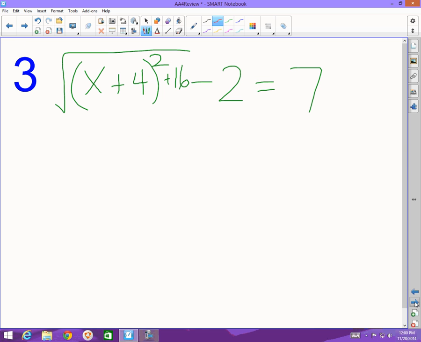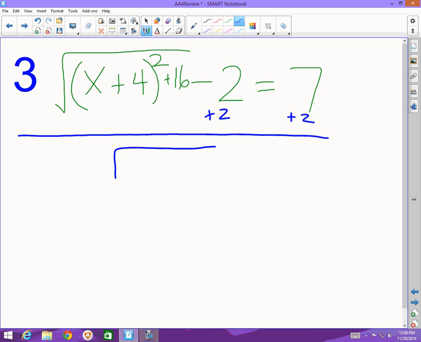All right, now solving some equations. So we're trying to get x by itself. First thing you'd have to do here is add 2. And then you would get the square root of x plus 4 squared plus 16 equals 9. Secondly, get rid of the square root by squaring both sides.